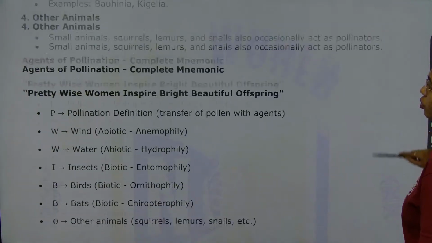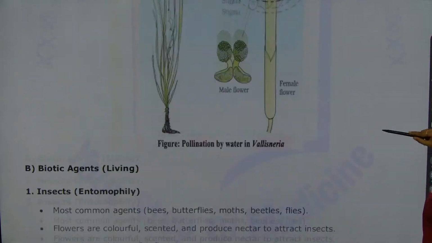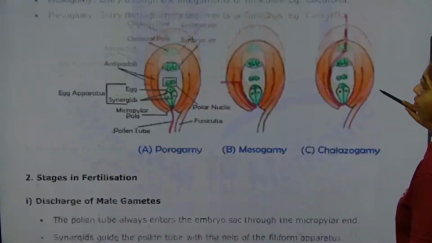Fine, right? So what are the four questions that we have discussed today from sexual reproduction of flowering plants?